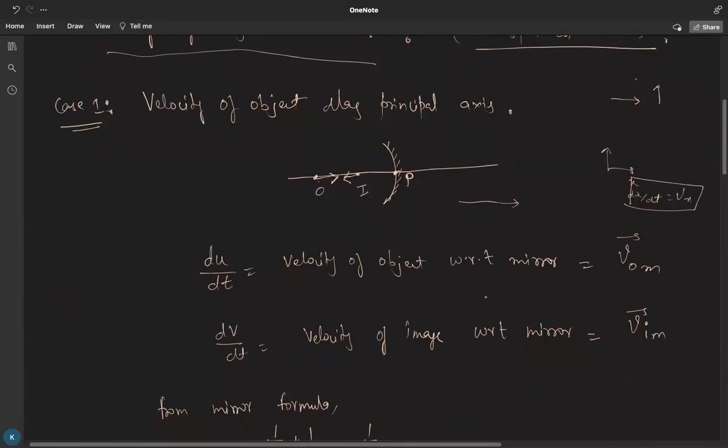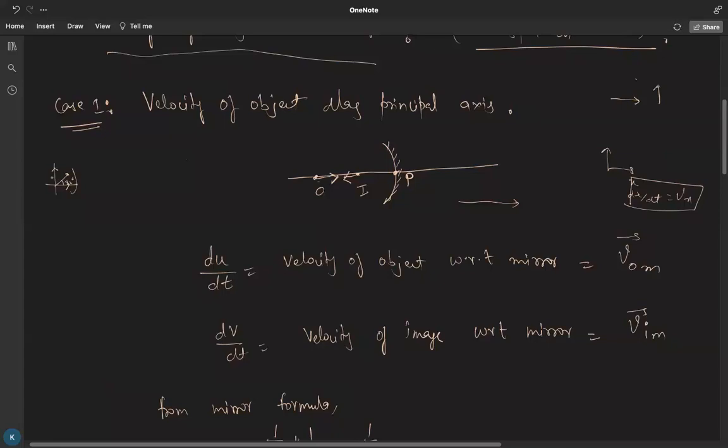If the object is moving at some angle, say 30 degrees to the principal axis, then I just take the components, one in the direction perpendicular to the principal axis and one in the direction along the principal axis.